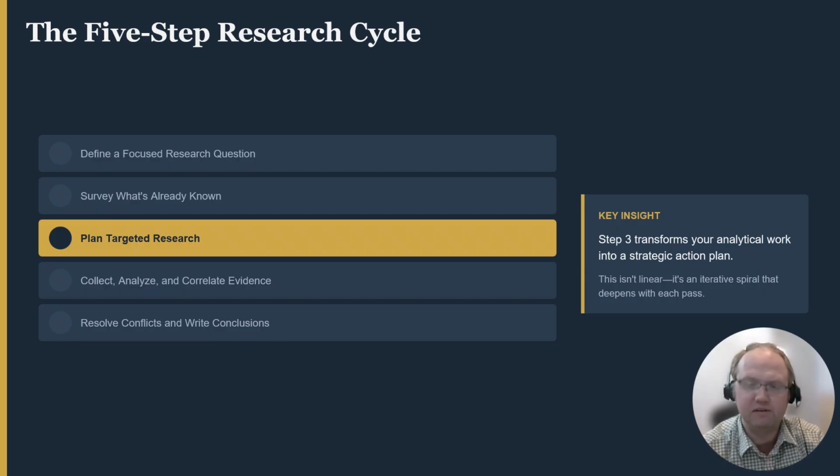You will find very quickly, and I've said this multiple times, this isn't often a truly linear process. It tends to be iterative, spiral type. Step 3 doesn't exist in isolation.